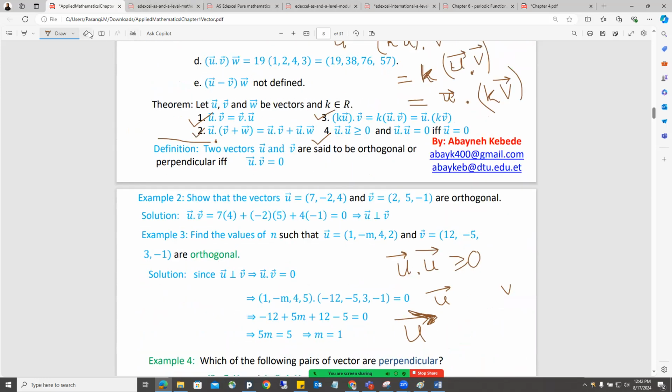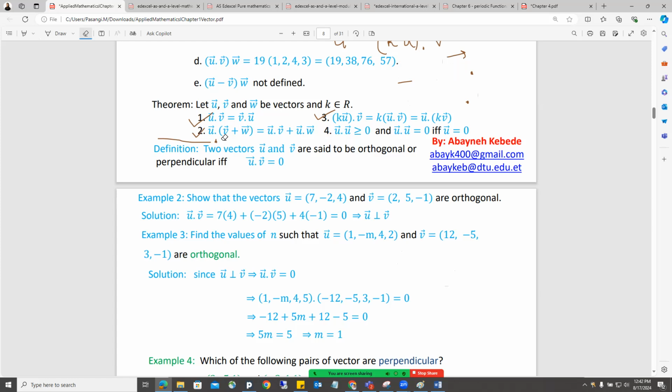They have asked us to consider vector u and vector v.